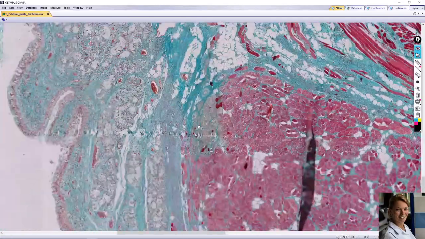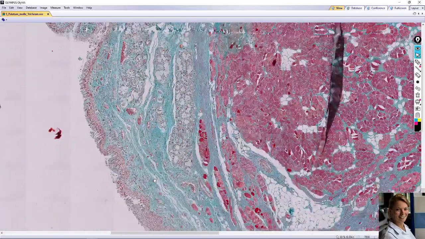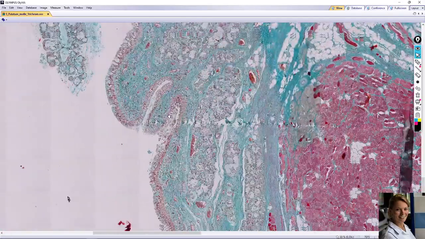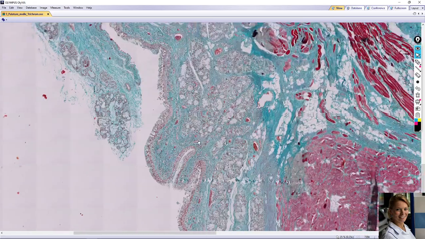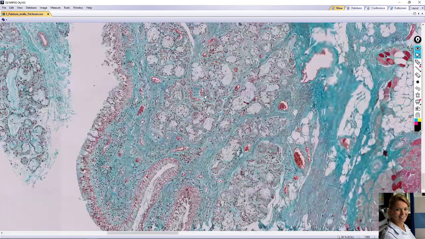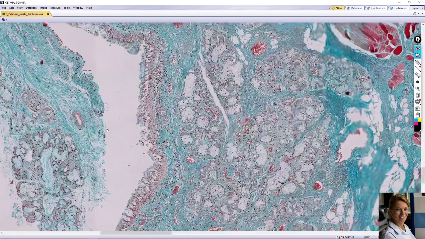Another side, the nasal side, is lined with pseudostratified columnar ciliated epithelium with goblet cells. The lamina propria contains mixed gland.